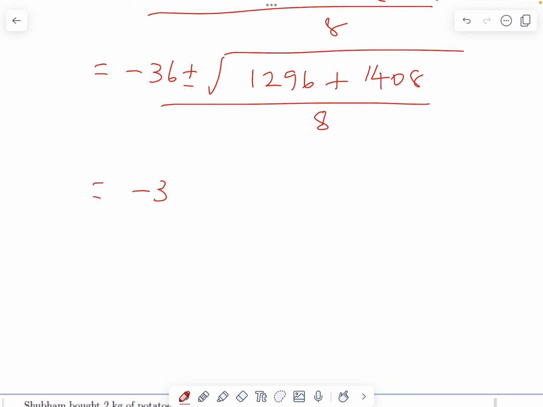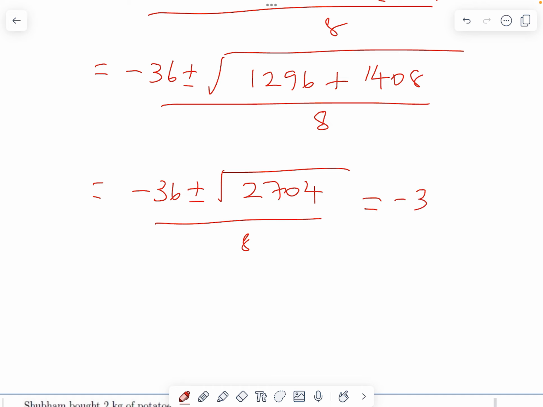So minus 36 plus or minus root of 2704 divided by 8. Minus 36 plus or minus 52 divided by 8.